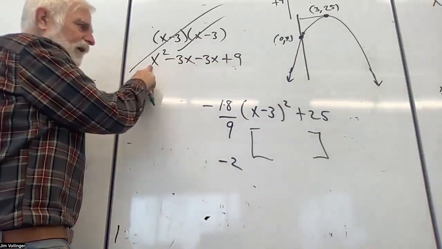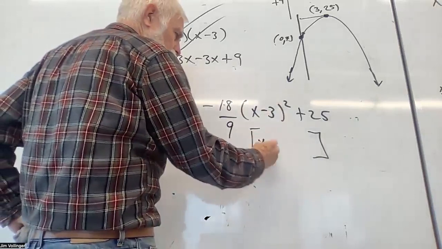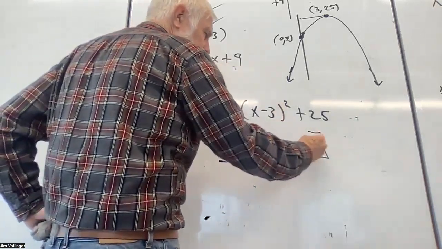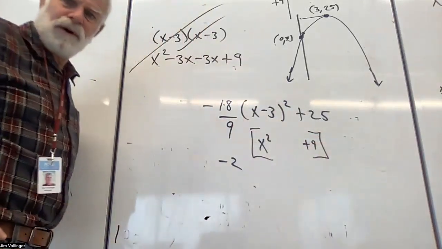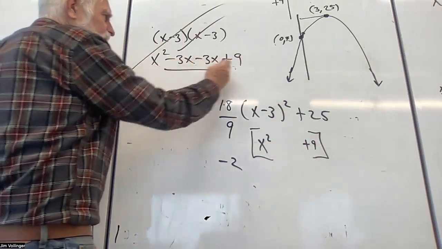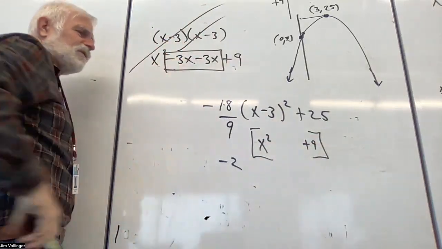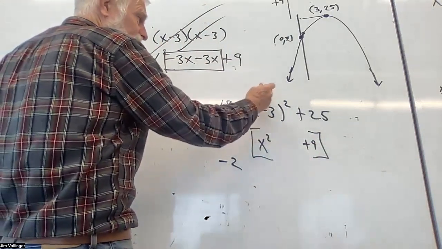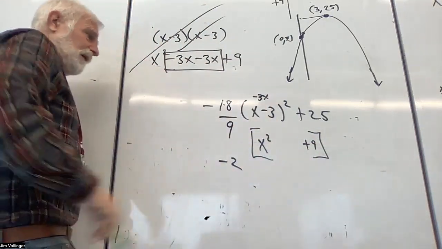What do I see? I see x squared. I see a 9, which is 3 squared. I think I can learn to do that part. Then the only thing I've got to do is get the middle term. There are 2 of these minus 3x's. If I multiply -3 times x, I get minus 3x. All I've got to do is double it.